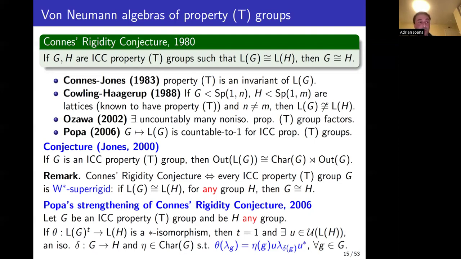And you can always pass to a finite index subgroup to avoid torsion. So in Sp(1,N) and Sp(1,M), you'll have torsion-free hyperbolic lattices that will give you non-isomorphic von Neumann algebras, even with property T. I'm asking about isomorphic von Neumann algebras. Sorry? The question is about isomorphic von Neumann algebras, not non-isomorphic. You wanted isomorphic.